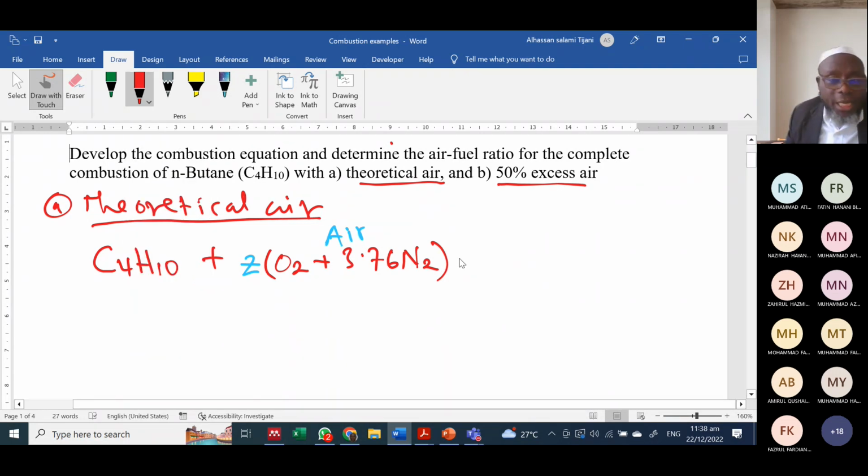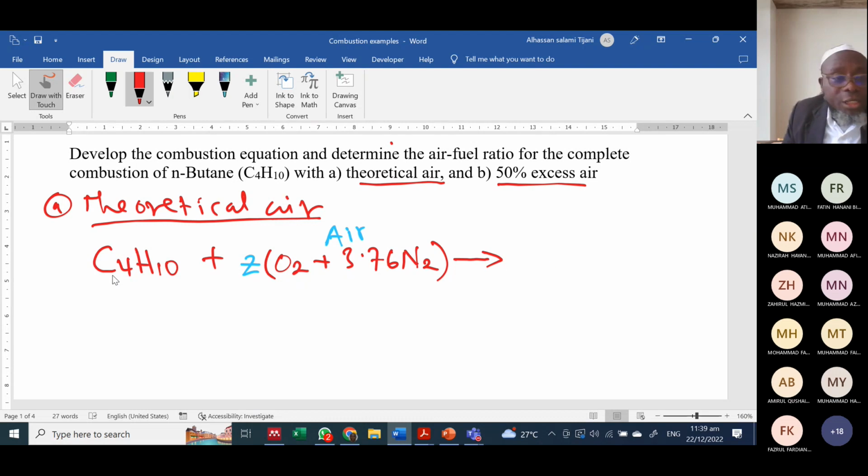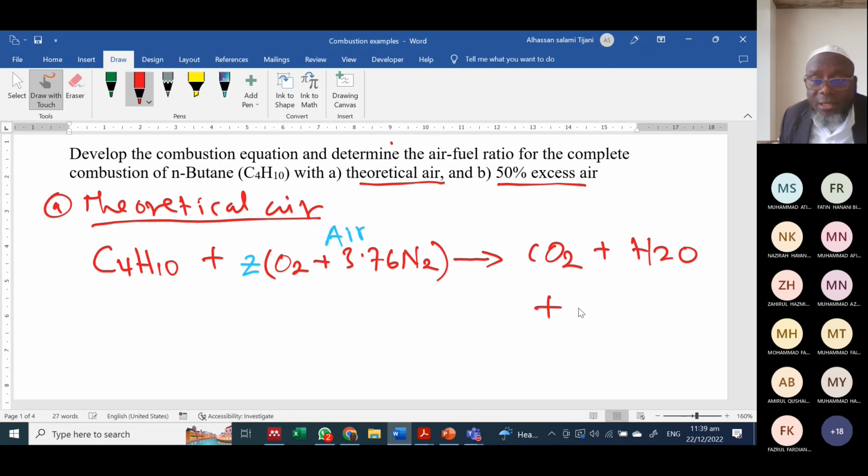Now on the product side of the combustion, all the carbon will be converted into carbon dioxide. So we have CO2. And the hydrogen will be converted into water. And then the nitrogen just goes in and comes out. So then you have plus nitrogen over here.